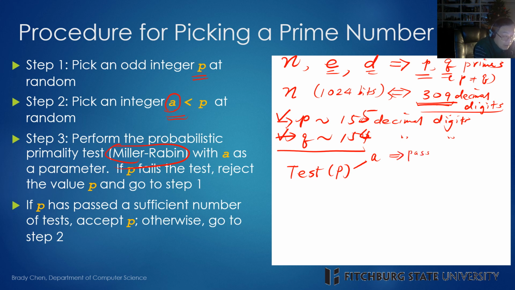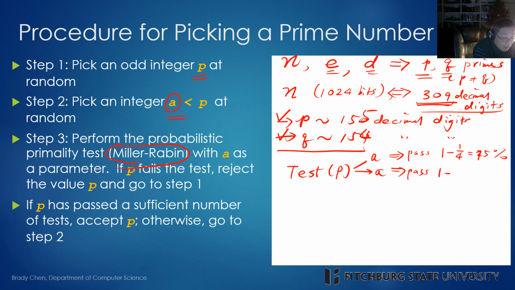then the chance that p is a prime number is 1 minus 1/4. That's about 75%. Okay, so then we choose another, different a, right? And it also passes.